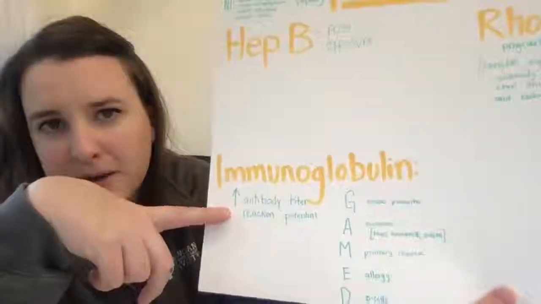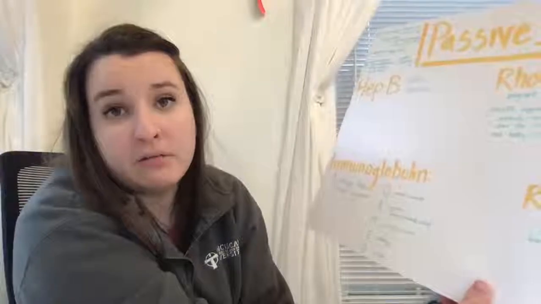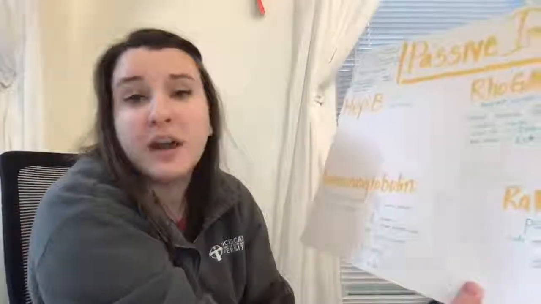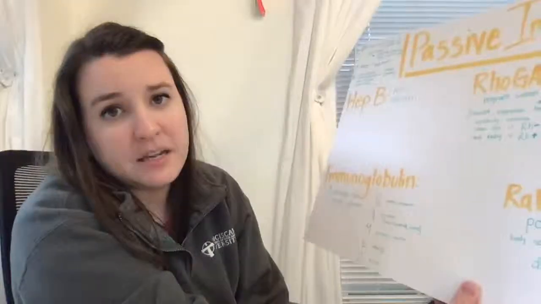But if you receive an immunoglobulin, it's going to increase your antibody titer reaction potential. So just something you need to know. G crosses the placenta. Immunoglobulin A is found in secretions, so tears, breast milk, and saliva. Immunoglobulin M is the primary response. Immunoglobulin E is for allergies, and immunoglobulin D is the B cell reaction thing.